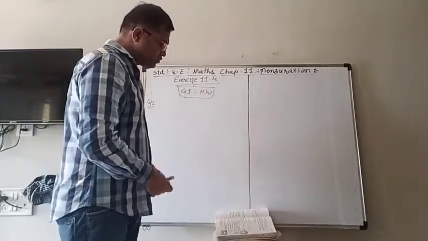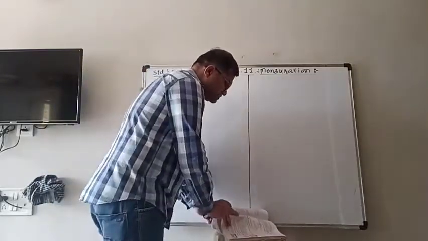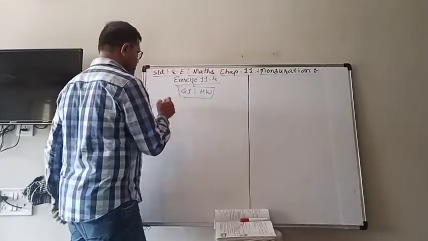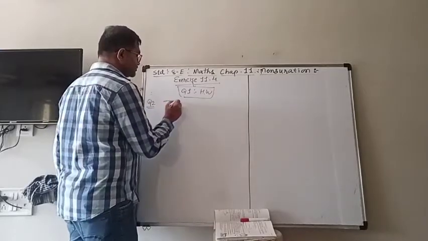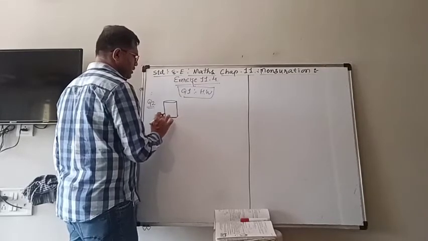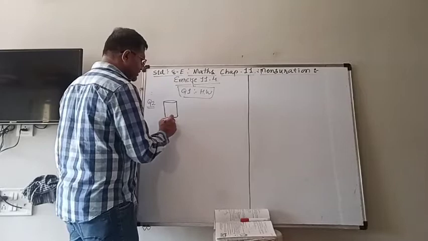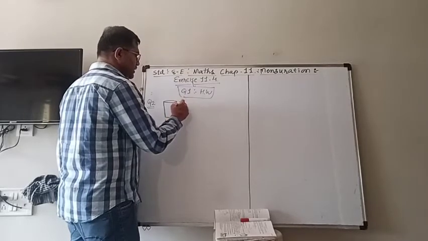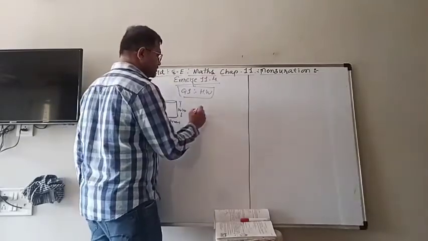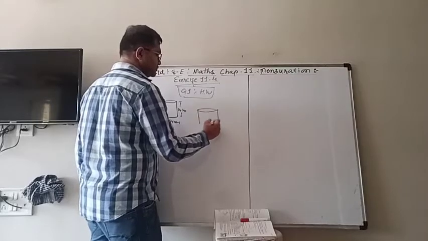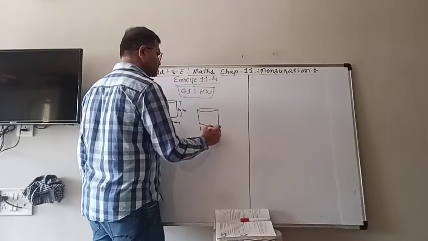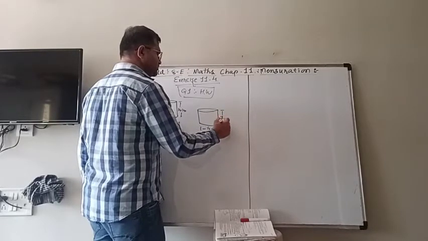So now in question number 2, two cylinders are given, cylinder A and cylinder B, in which cylinder A has 7 cm diameter and 14 cm height, and in another one, B, the 14 cm is diameter and height is 7 cm.